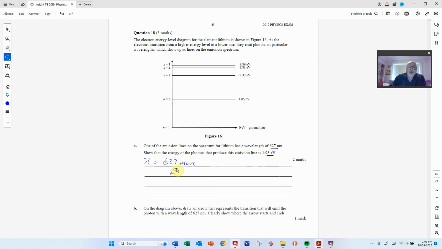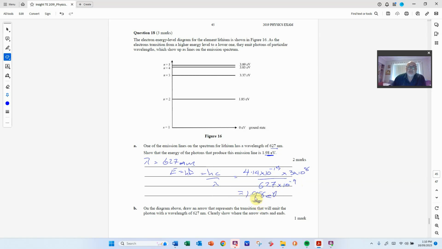We know that E equals hf, which is equal to hc over lambda, which is equal to, because we're talking electron volts here, 4.14 by 10 to the negative 15 times by 3 by 10 to the 8 over the wavelength, which is 627 by 10 to the negative 9, gives us 1.98 electron volts.